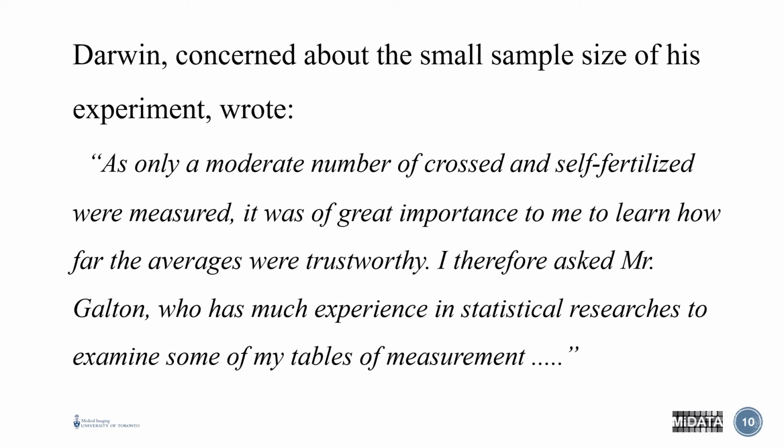He writes: "Now, as only a moderate number of crossed and self-fertilized plants were measured, it was of great importance to me to learn how far the averages were trustworthy. I therefore asked Mr. Galton, who has much experience in statistical researches, to examine some of my tables of measurement."